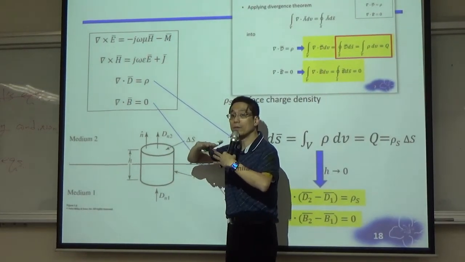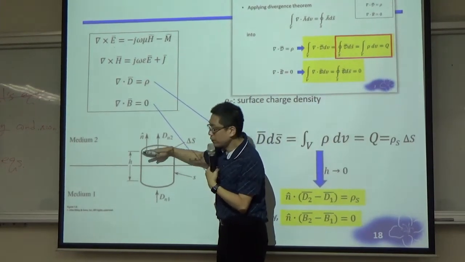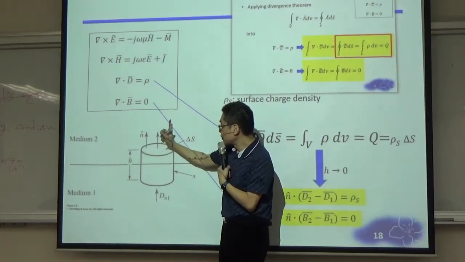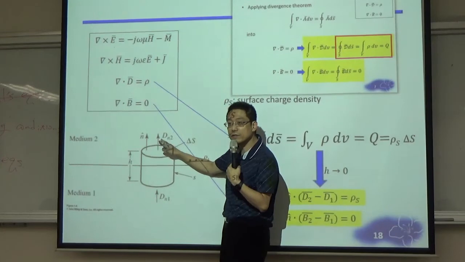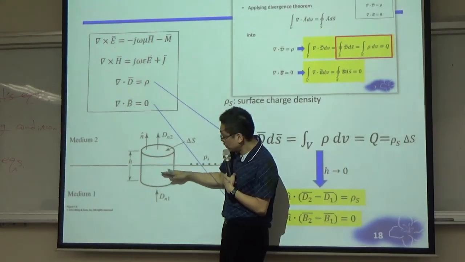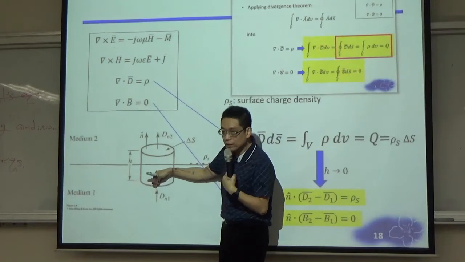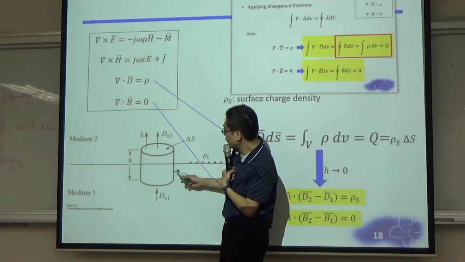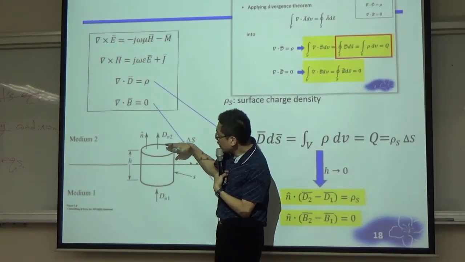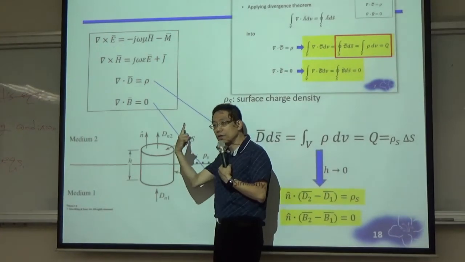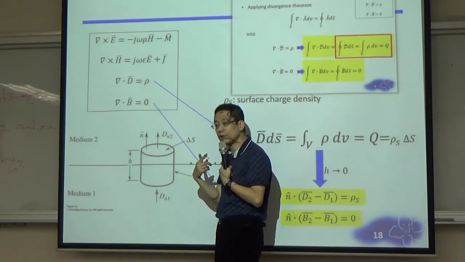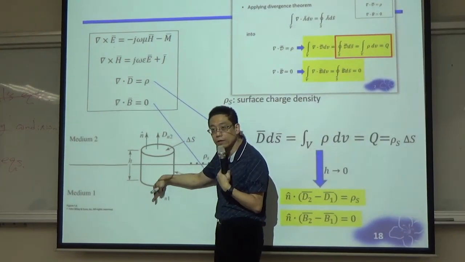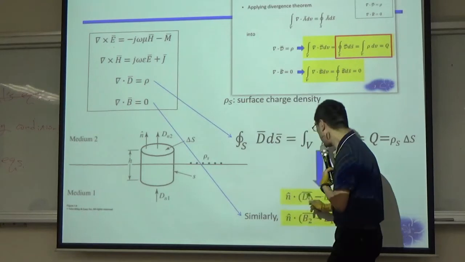So the result will become this surface dot the direction perpendicular to this surface, minus the surface dot the different direction of this surface, because the surface on the top is to the upside, and the direction of the surface in the bottom is to a different way.